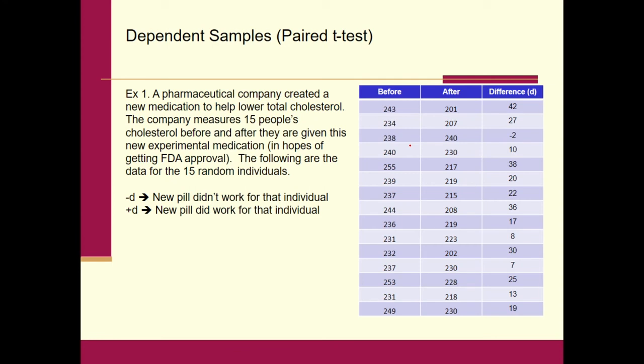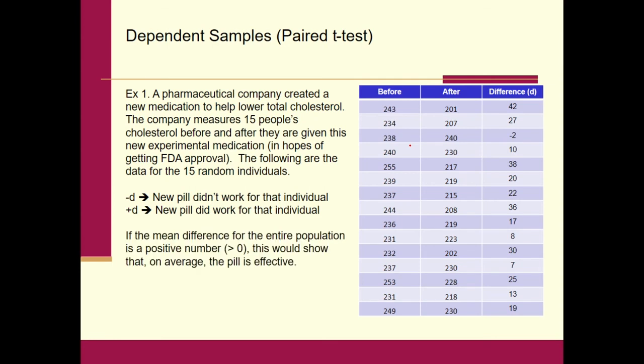Let's keep those two ideas up on the screen here. So if the mean difference for the entire population, so I'm not talking about the 15 people here, but everybody who has high cholesterol and took this pill, is positive, meaning greater than 0, this would show that on average the pill is effective.